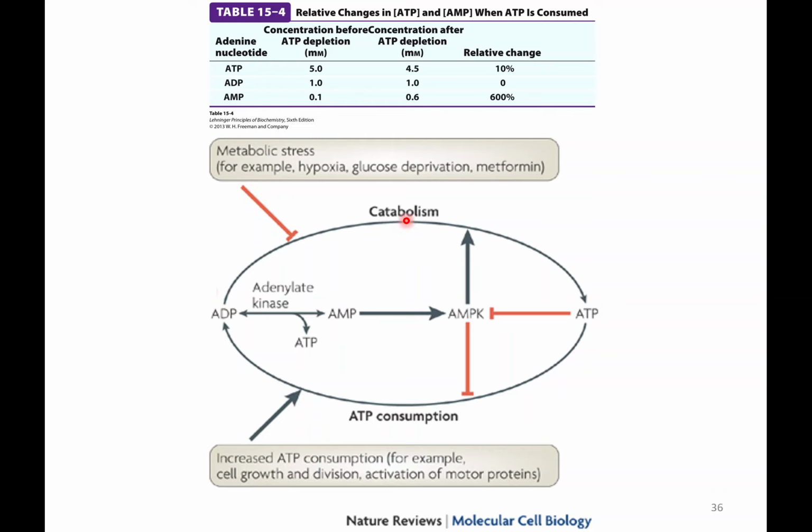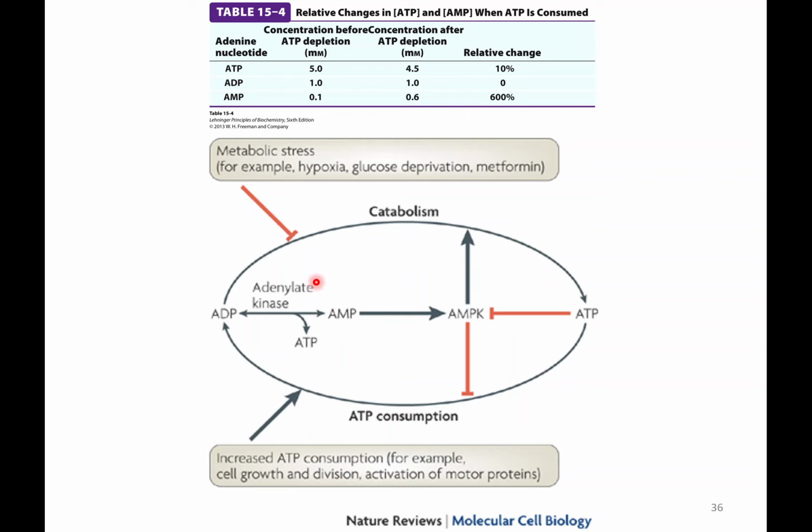In catabolism, you're forcing ADP and converting it back into ATP. Some things that will block catabolism would be metabolic stress. More important for our class though is the idea that ATP gets converted to ADP. So then, why is AMP the one that the concentration changes?